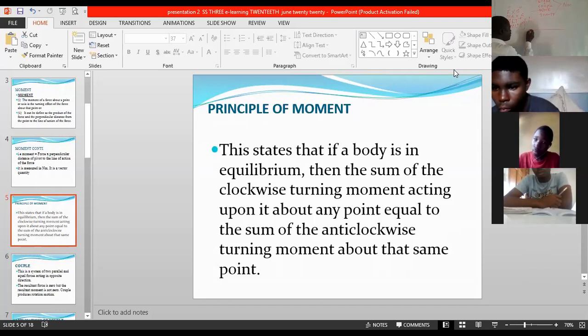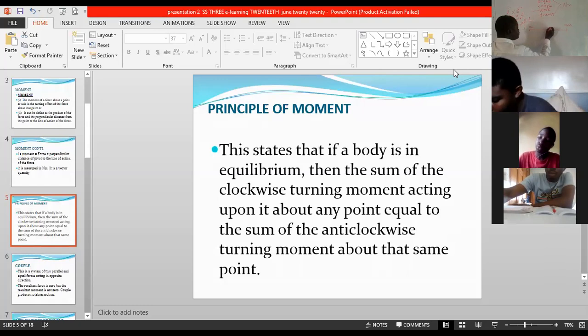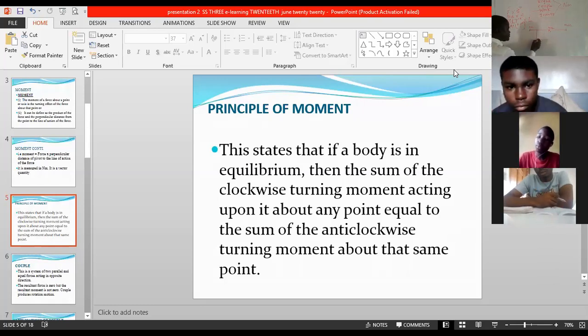Now, if this is a uniform meter rule, it has its graduation from 0 centimeters to 100 centimeters. Then the center of gravity is the point where the resultant force acts, so the center of gravity will be at the 50 centimeter mark. Let's assume that one force, force F1, acts on my left hand side, and another force F2 acts on my right hand side.